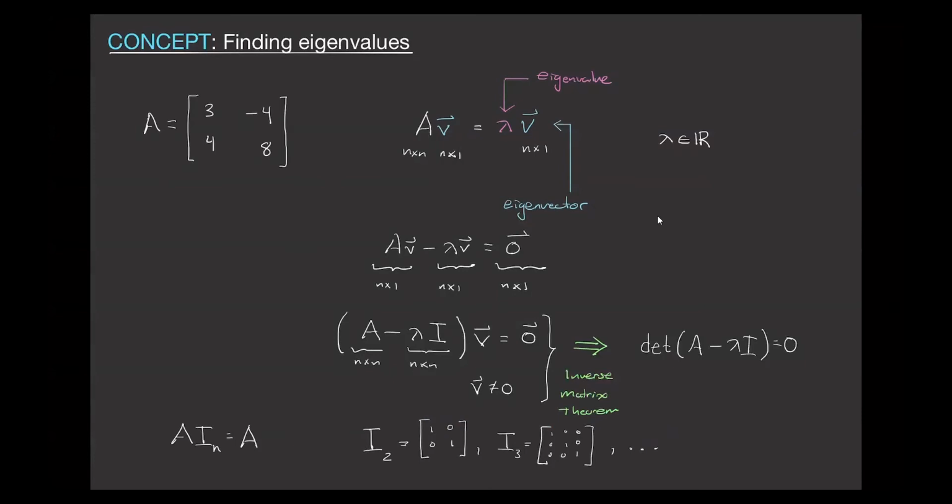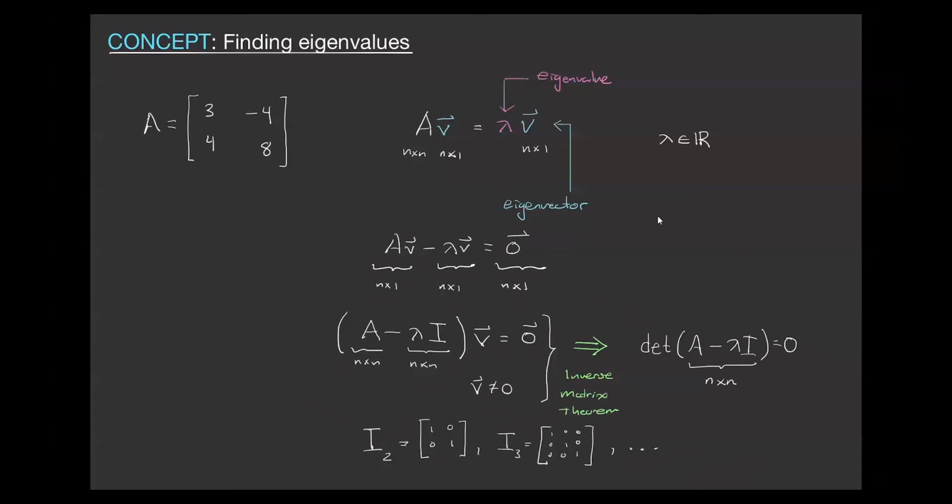Okay, so the idea is you take lambda times the identity to get an n by n, and now you're going to take the determinant of this thing. This whole thing, once combined, is going to be another n by n, and we looked last time at how you can take the determinant of any square matrix.